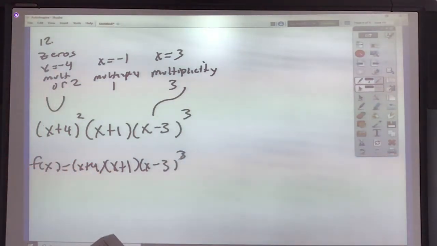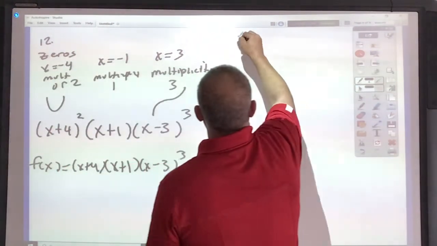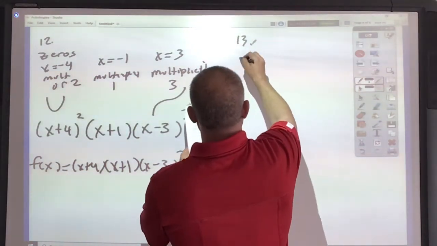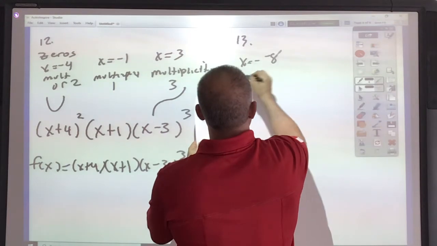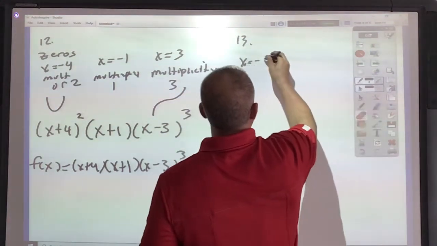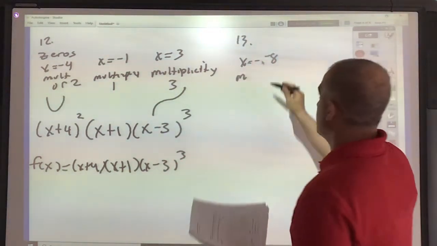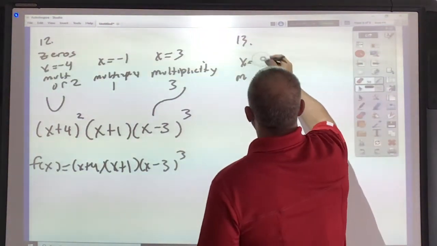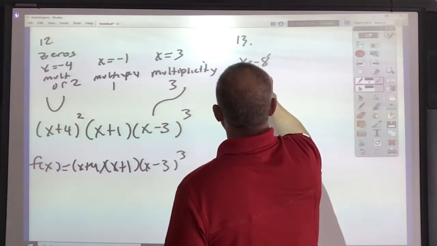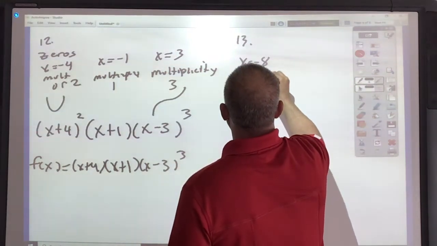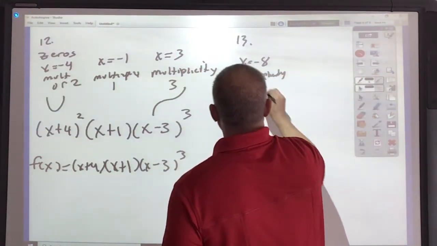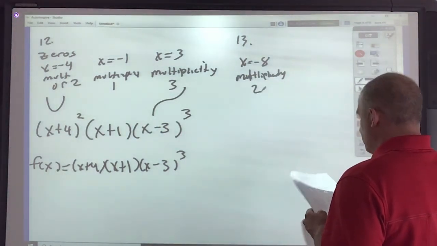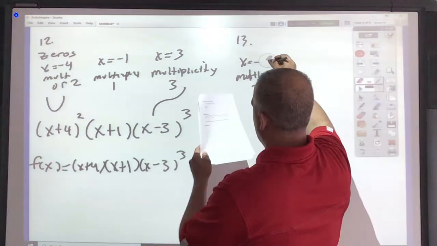Okay, on question 13, I'm going to guess that that's x equals -8 with a multiplicity of 2. Okay, then it curves through, well, that's not -8, sorry.